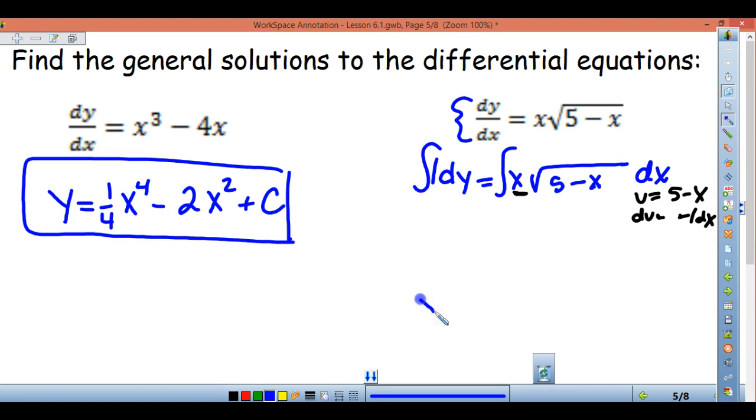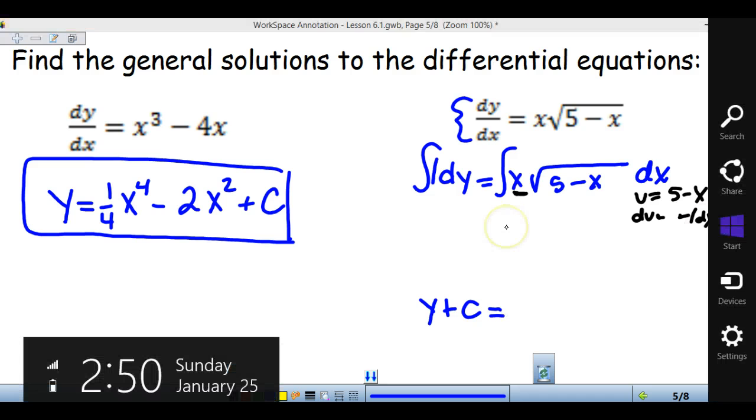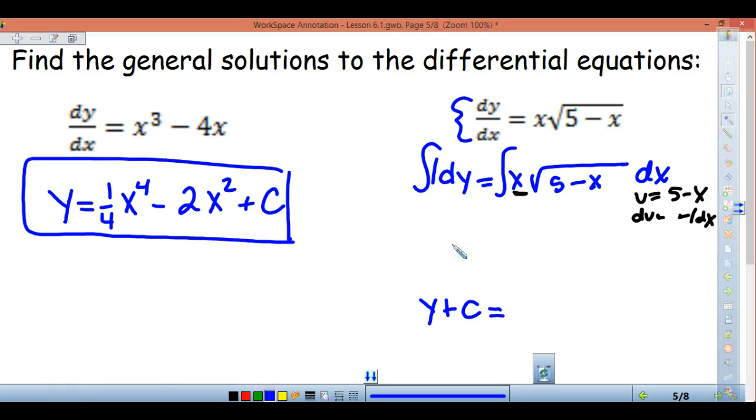I can move my y plus c down here just so that I have some space. So what I need to do is figure out a value to put in there for x. So I solve this for x, and I end up getting x equals 5 minus u. So I have 5 minus u times the square root of u du.